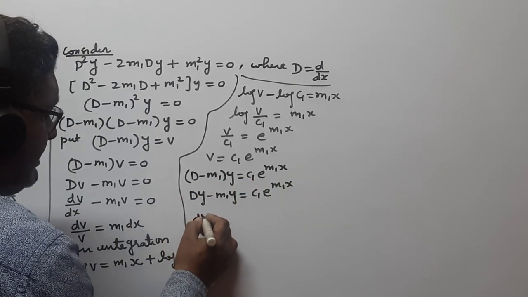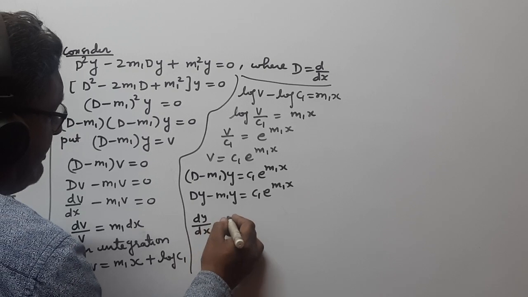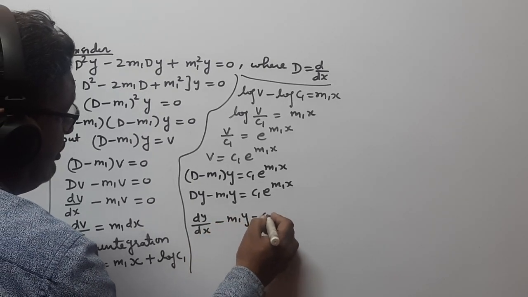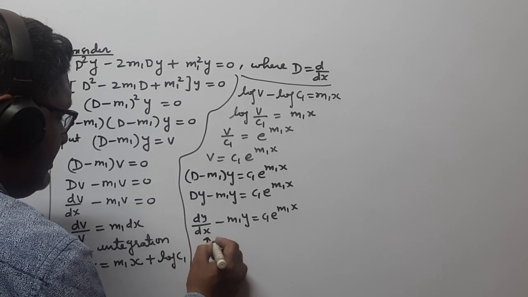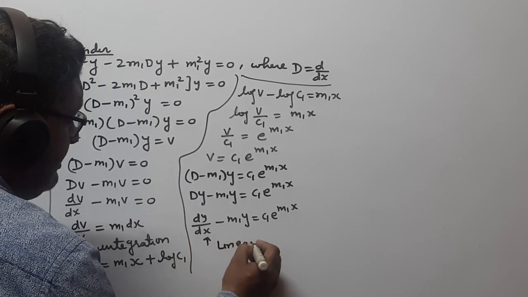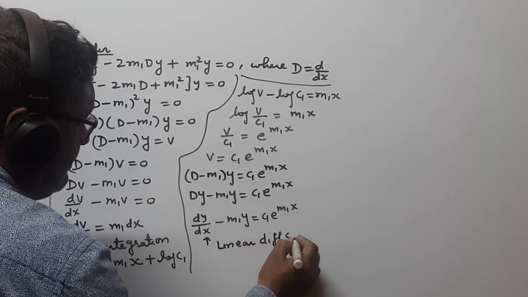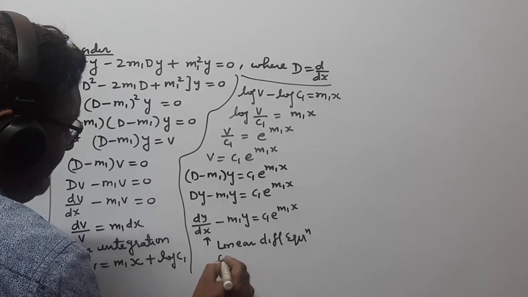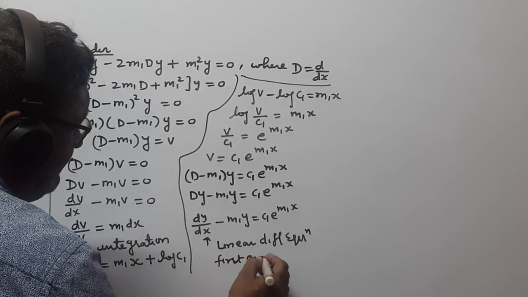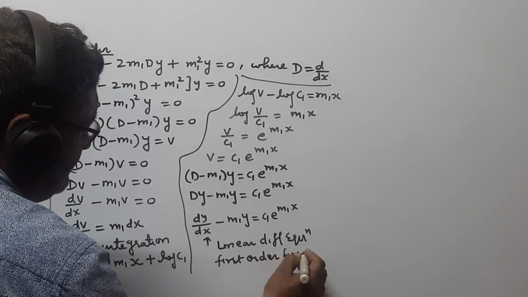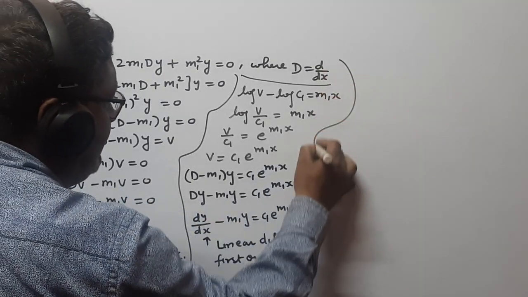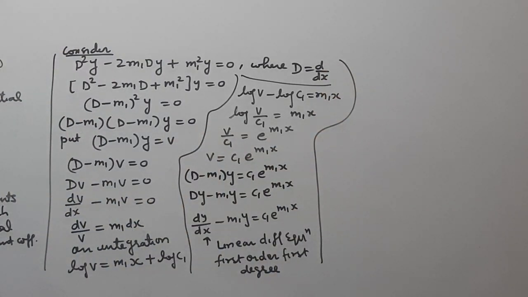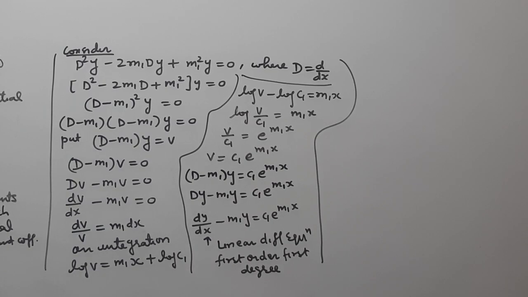Dy can be written as dy by dx, so dy by dx minus m1y is equal to c1 e to the power m1x. You can see this is the linear differential equation of first order first degree.